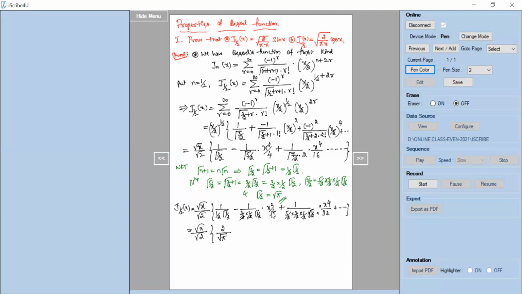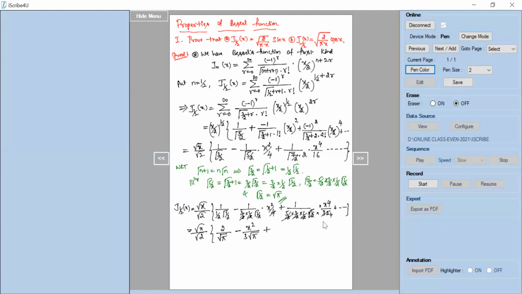So you get x square minus x square by 3 into gamma 1 by 2, which is root pi. And similarly, 2 into 2 into 2, 2 cube, that is 8. So 8 4s are 32.